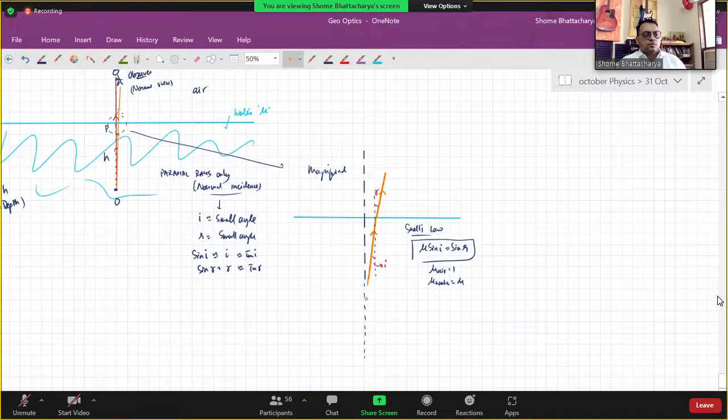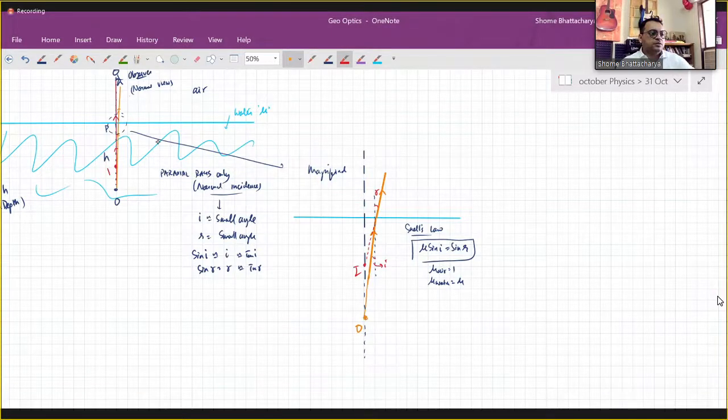In this diagram, this point will appear to be somewhere here. We can call it O prime, which is not the actual object, but it appears to be. So the object appears to be at the point O prime, whereas actually it is at the point O with respect to this pole.